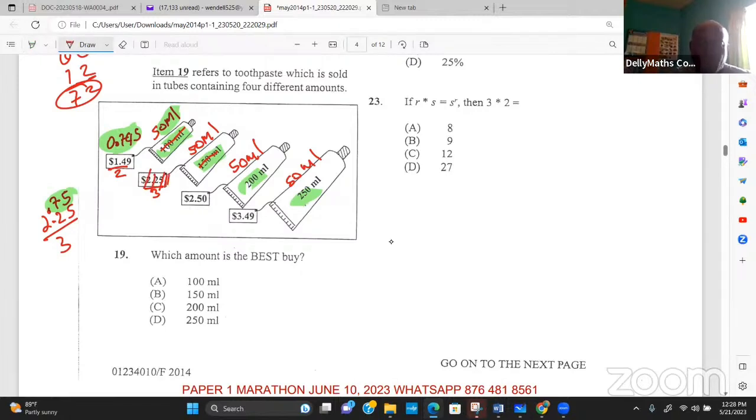Let's check this one out. How does a 200 turn into 50? By dividing by 4. So if I divide this money by 4, I can relate, right? So you're talking about $2.50, very easy to divide by 4. So you're dividing this by 4, you get 8, remainder 1, you get 2.